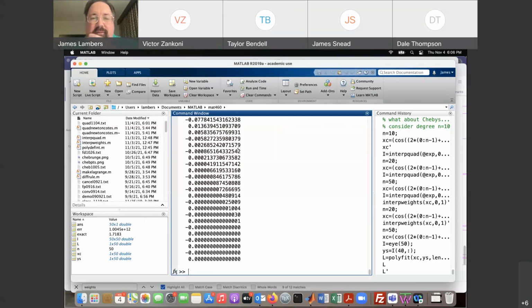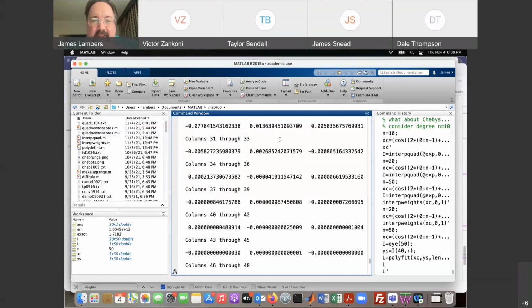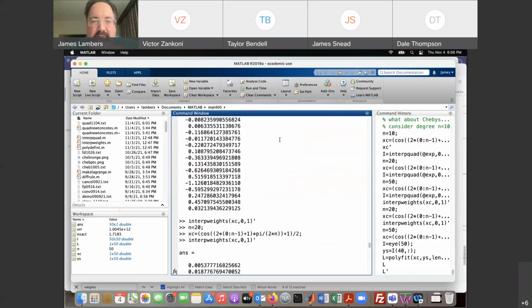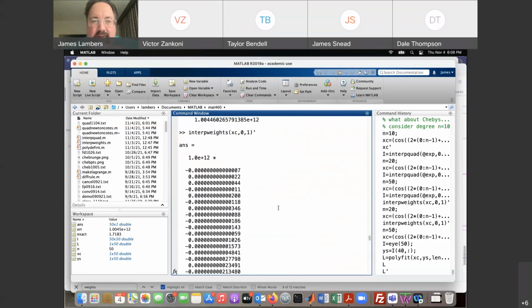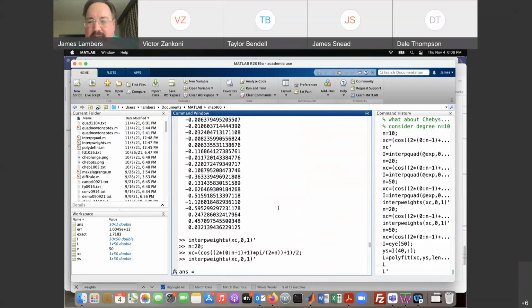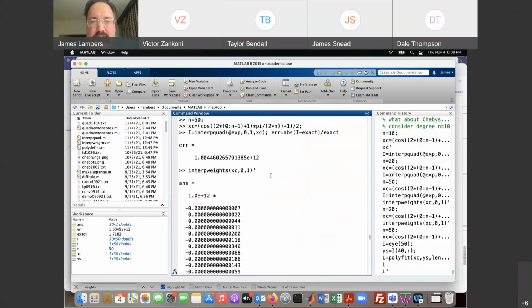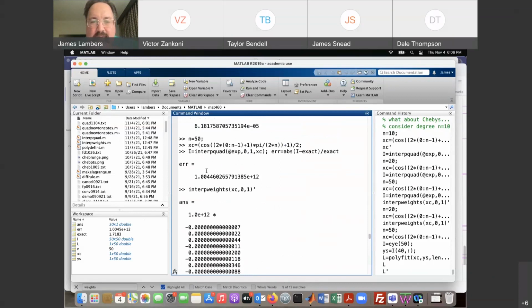So what this means is these weights here are not the correct weights. There's way too much round-off error involved in their computation. So this poor result that we got for Clenshaw-Curtis quadrature is not what properly implemented Clenshaw-Curtis quadrature would produce.